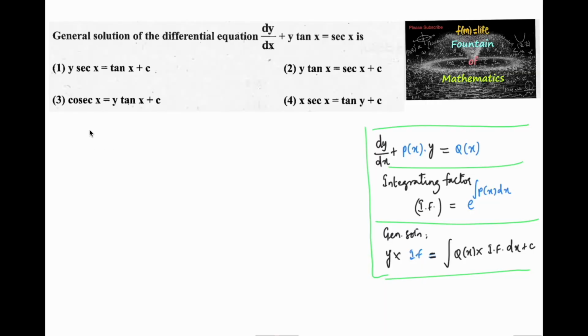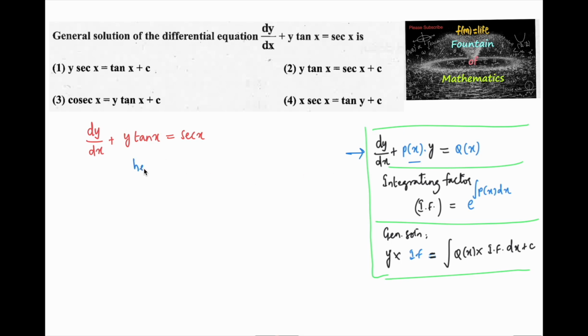We need to find the general solution of the differential equation dy/dx + y tan x = sec x, which is in the form dy/dx + P(x) y = Q(x).